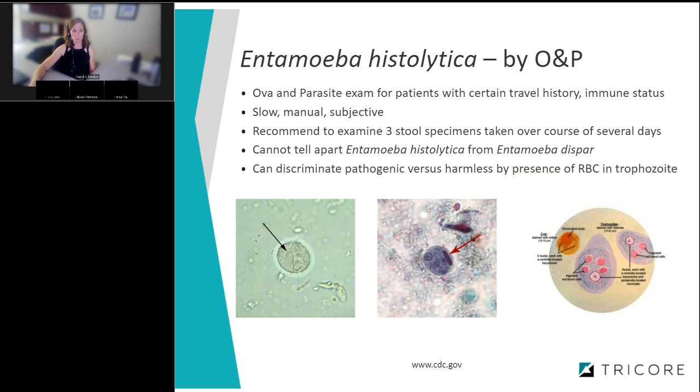It can be manual and somewhat subjective. It's recommended to examine 3 different stool specimens taken over the course of several days. And so you can tell this process is pretty involved. For Entamoeba histolytica, one problem is that you can't morphologically discriminate between Entamoeba histolytica and a non-pathogenic form called Entamoeba dispar.